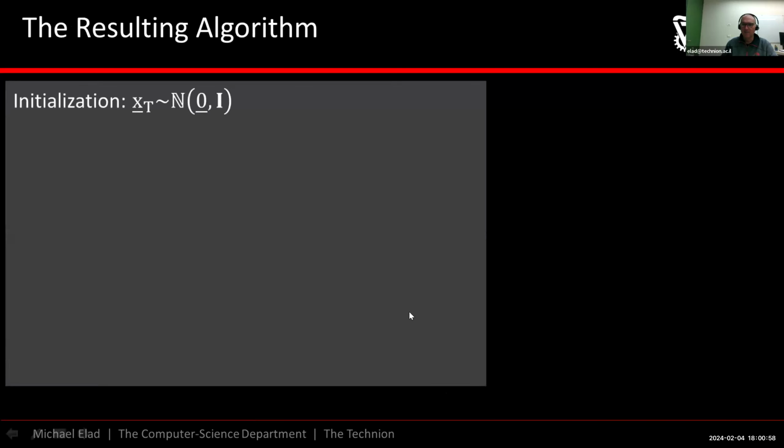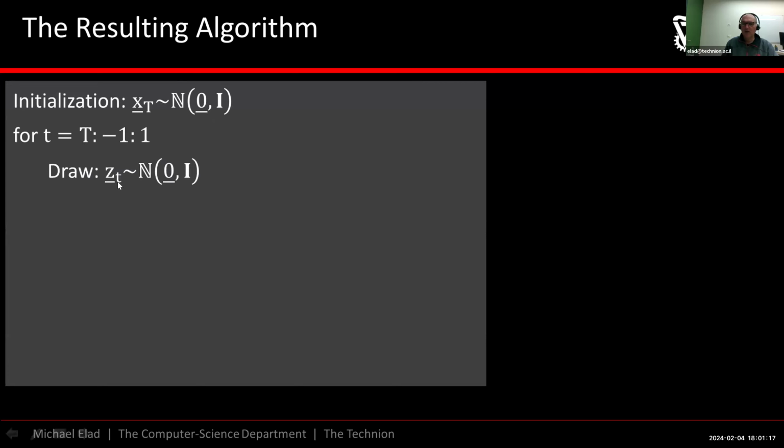So I'm summarizing. Here is the resulting algorithm. You start an algorithm that will sample from the distribution p theta of x0. You start with a random Gaussian vector of canonical form, and you run capital T steps, 1000 is a typical number.